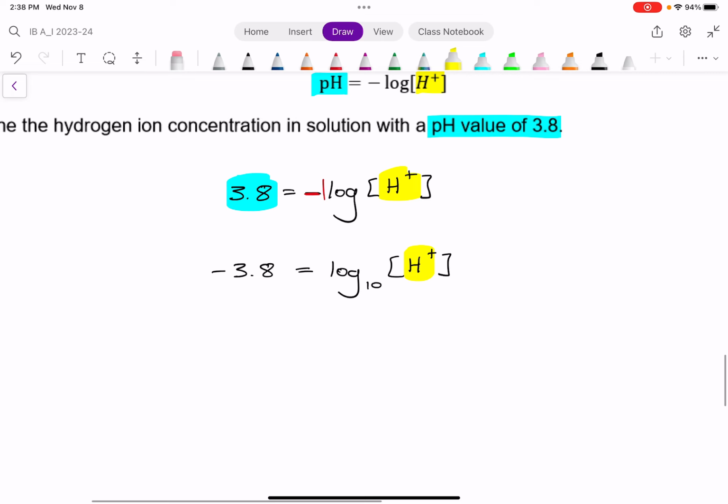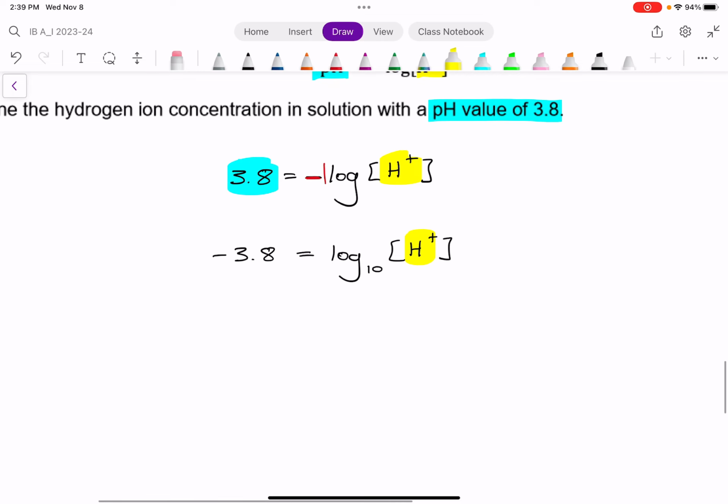Now I can think about what I've done before. I have just a logarithm on one side, and so in exponential form, what does this mean? Because again, this is in logarithmic form. And any equation in logarithmic form can be written in exponential form, which in this case is the base 10 to the power of whatever the logarithm equals, negative 3.8.